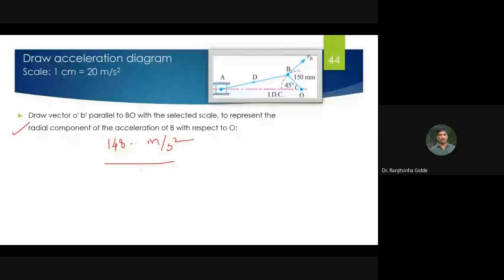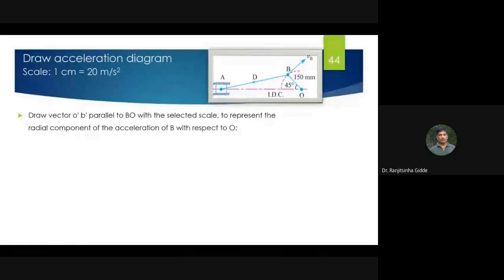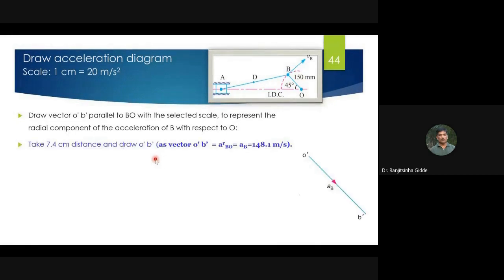So with the help of this scale, we can have approximately 7.4 centimeter as a length for drawing the vector. So we need to draw one vector parallel to this link OB and direction towards this O. Okay.